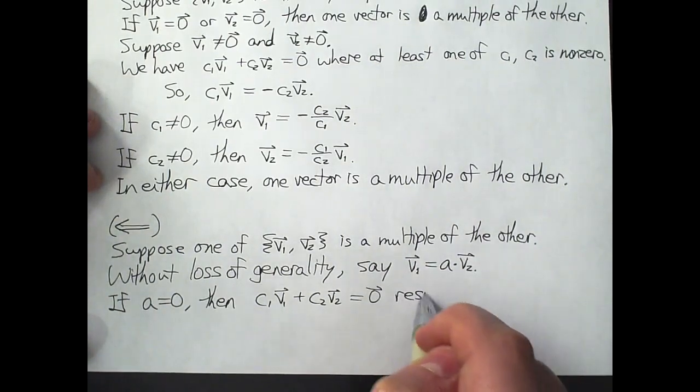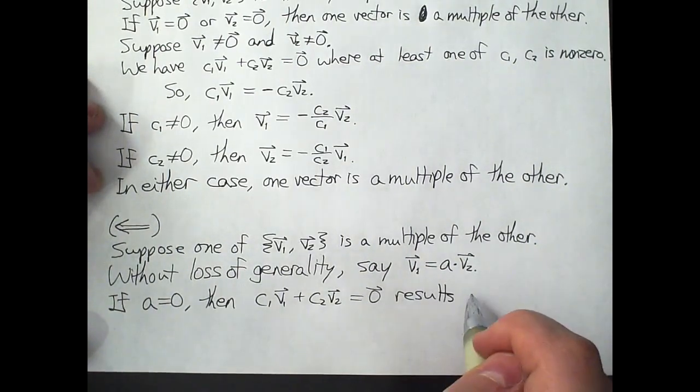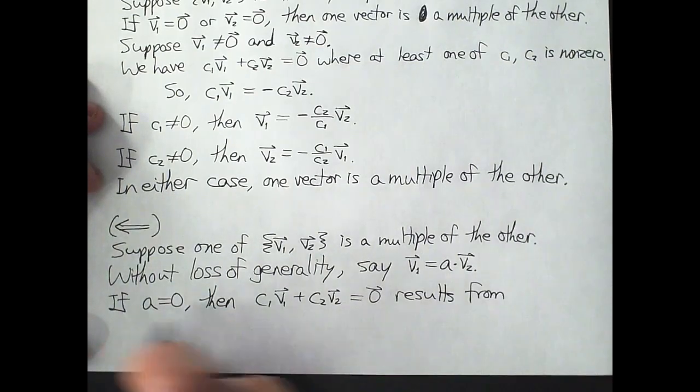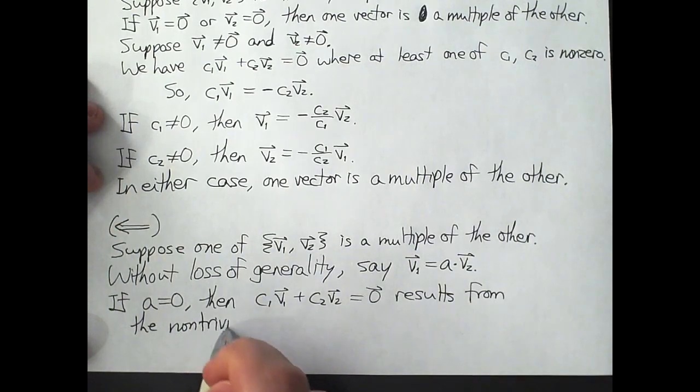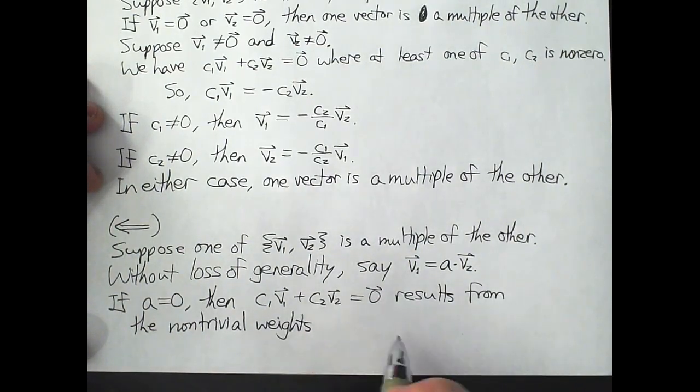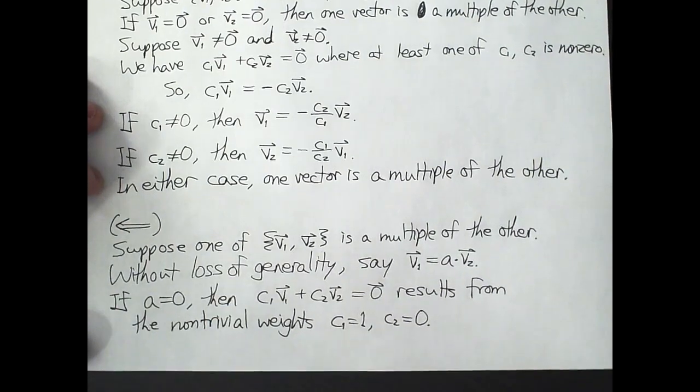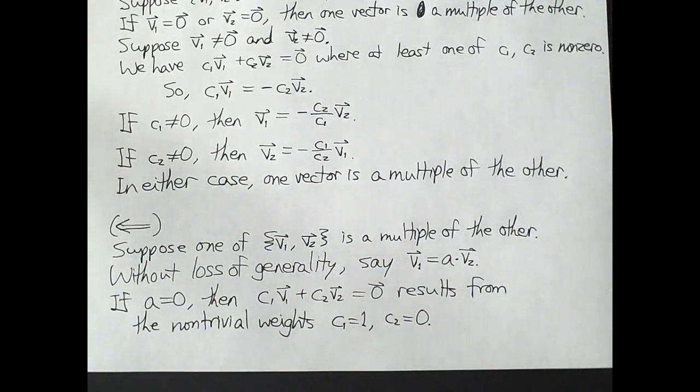That results from the non-trivial weights C1 equals 1, C2 equals 0. Now, I kind of got this by observation.